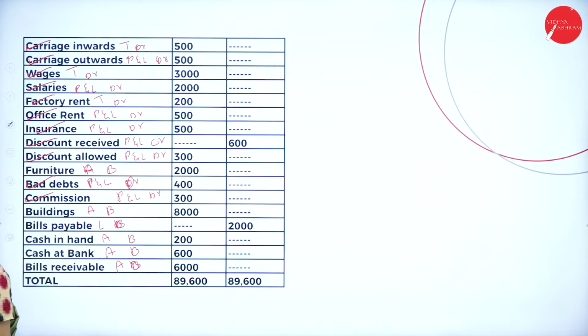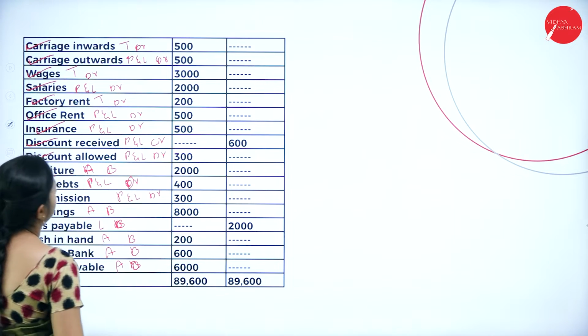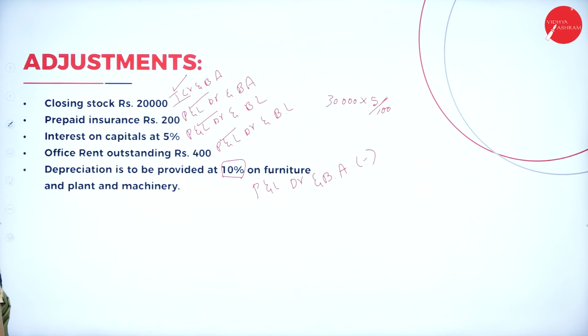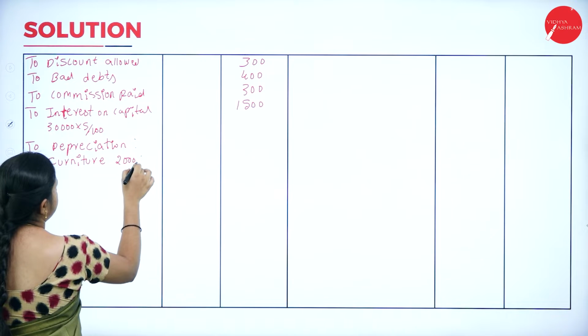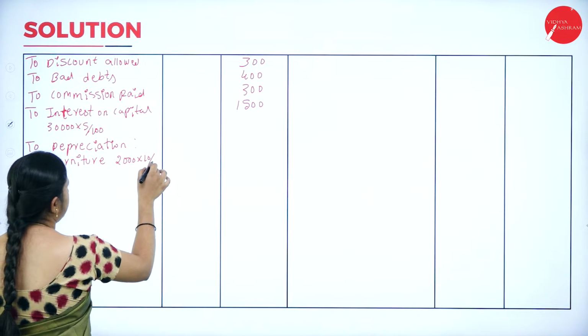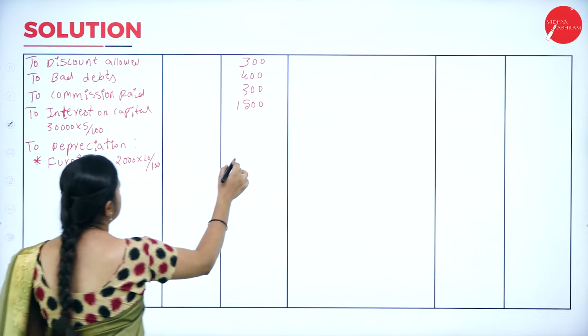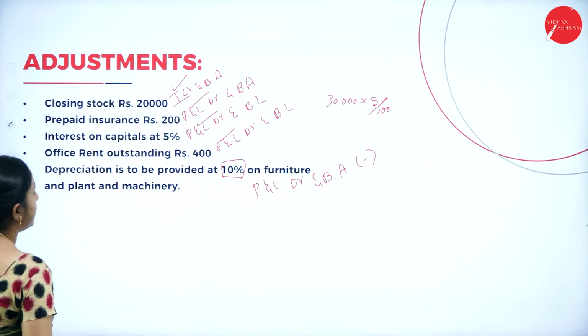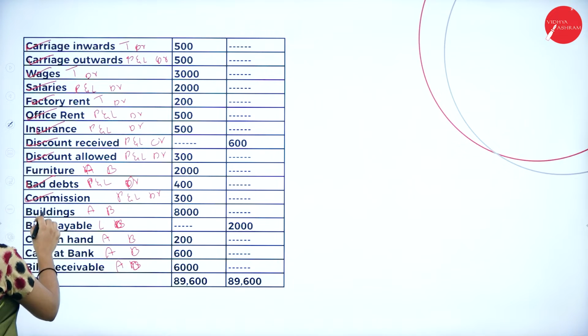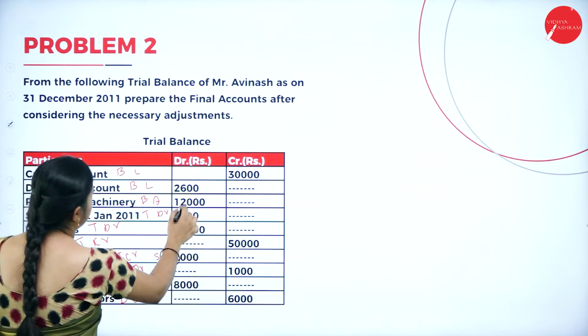Just check the furniture amount. Furniture is 2,000. 2,000 into 10 by 100 is 200. Next, plant and machinery at 10%. Just check the plant and machinery amount. Plant and machinery 12,000.